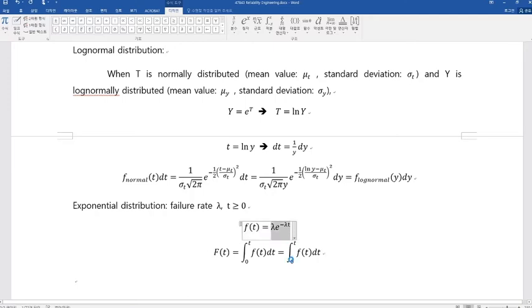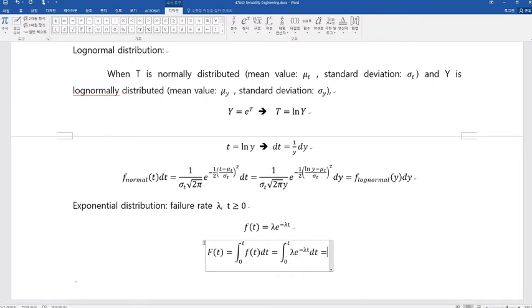So we are going to integrate this, and lambda will be taken out because it is a constant. So lambda here, and exponential of minus lambda t.